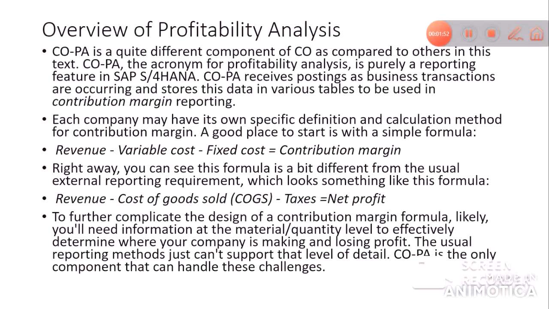To further complicate the design of a contribution margin formula, likely you will need information at the material or quantity level to effectively determine where your company is making and losing profit. The usual reporting methods just can't support that level of detail. COPA is the only component that can handle these challenges.